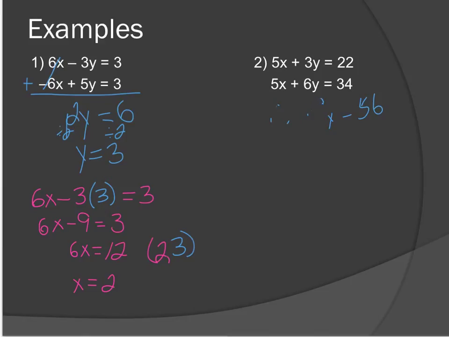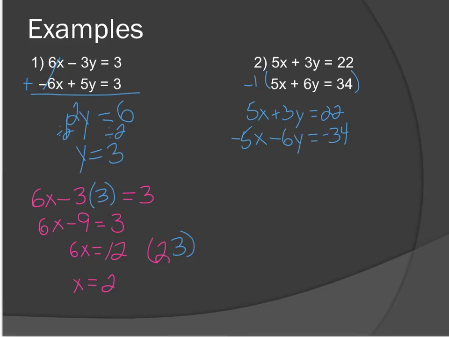So therefore, what we can do is multiply an equation by any number we want as long as we do the same thing to every term. So I'm going to multiply the second equation by -1. If I rewrite the first one, just so they remain lined up, and the second one, when I multiply by -1, I get negative 5x minus 6y equals negative 34.